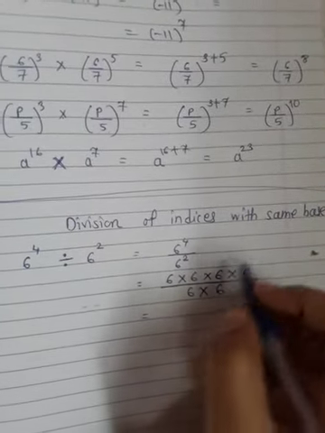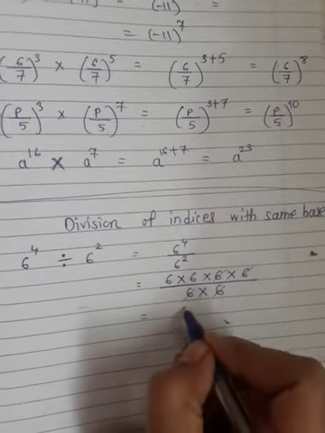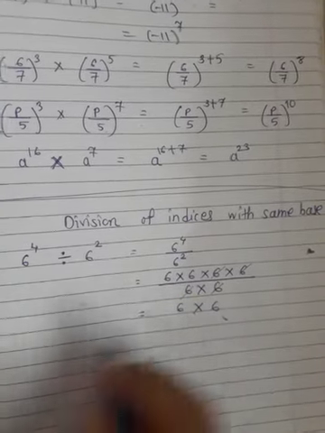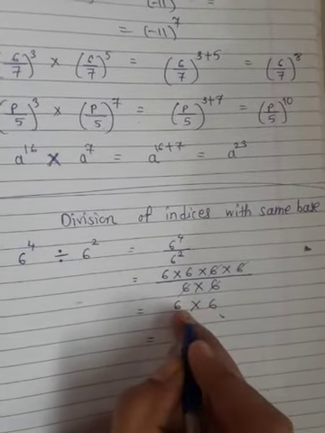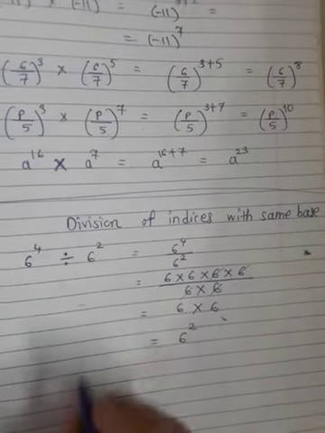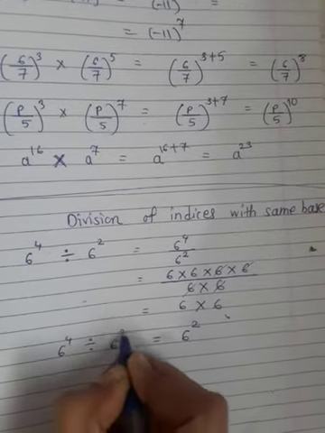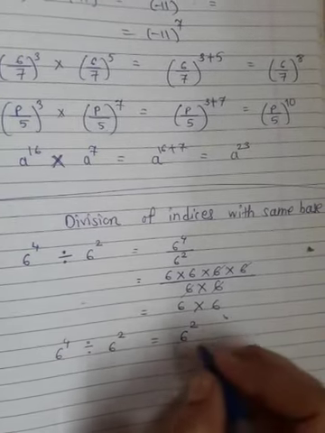Now again see here, these 6 6 get cancelled. So what remains? 6 multiplied by 6, that is 6 multiplied by itself 2 times. So you can write it as 6^2. So 6^4 divided by 6^2 is 6^2.